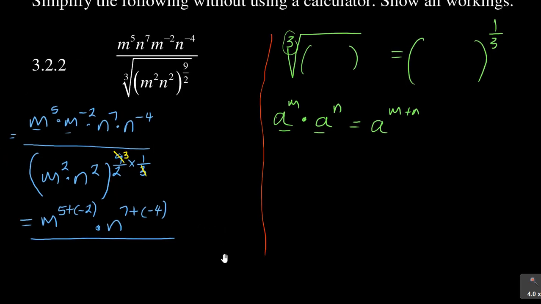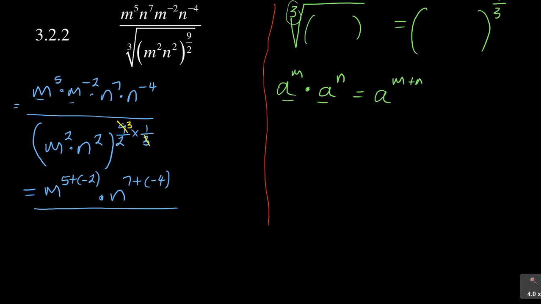Now the next one that I'm noticing here, remember I have got now m squared n squared to the power 3 over 2. If I'm having a to the power m, and then there is an n outside, it means these two are multiplying, so you have a to the power m times n.